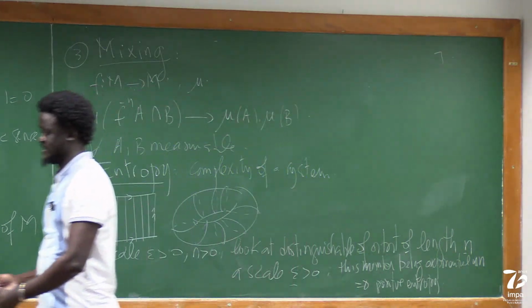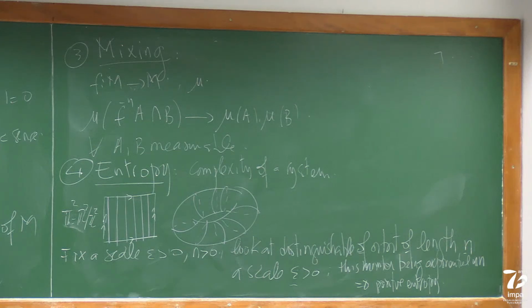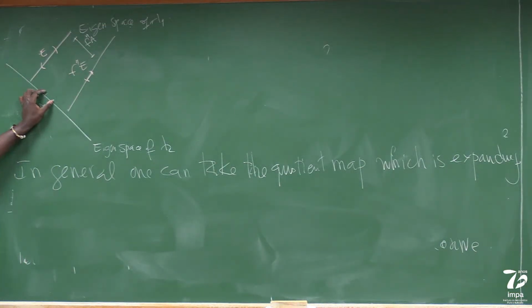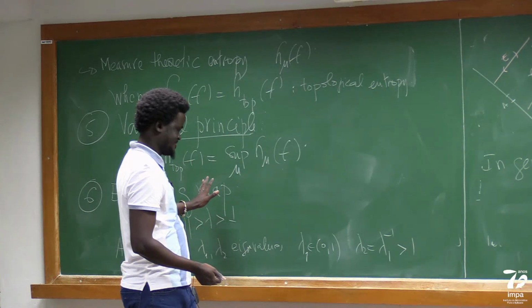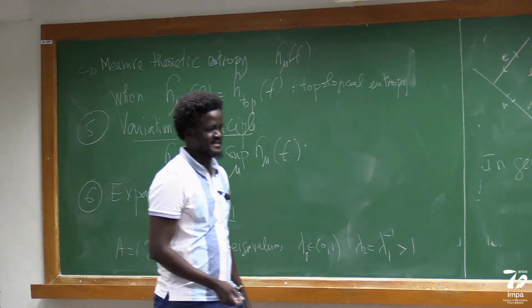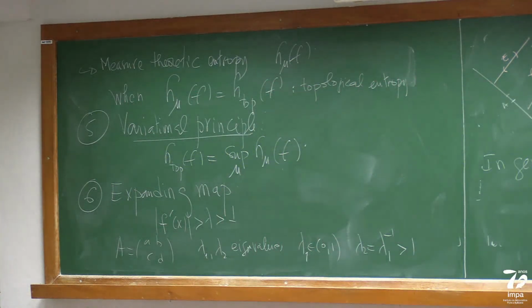So if you look at 2 points in this direction here, if you wait n large enough, even though this was epsilon, these two will be different. So you will count them as two different guys. So this is the direction that makes problems for your study. That's one main motivation to study expanding maps.